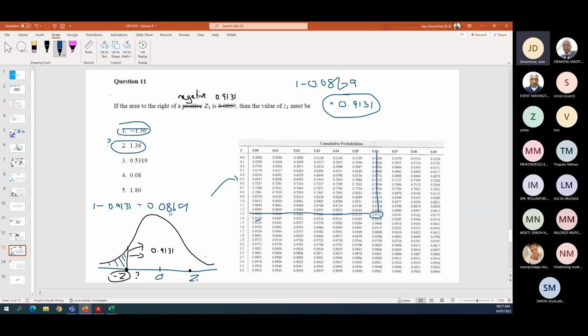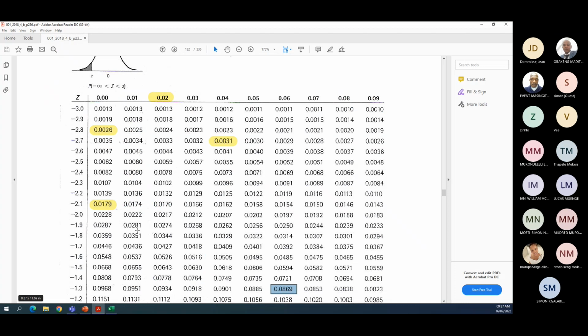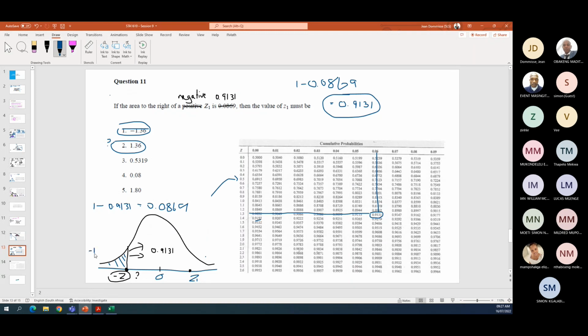Then I would have gone to the negative table to find that minus 1.36. So again, it would have been very difficult nearly to see that that is exactly the same.